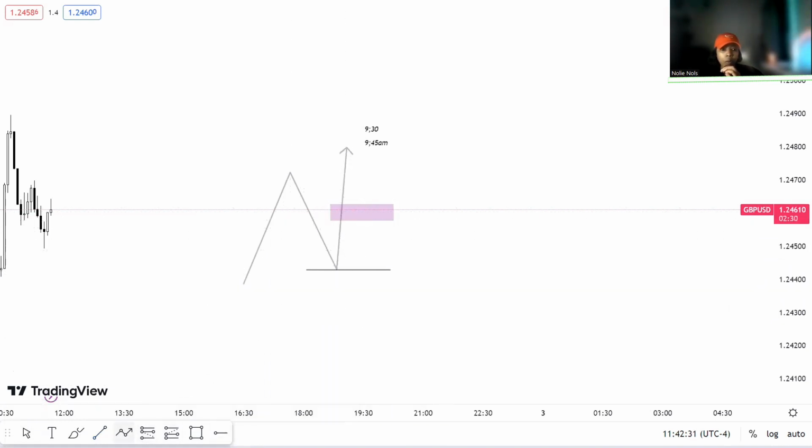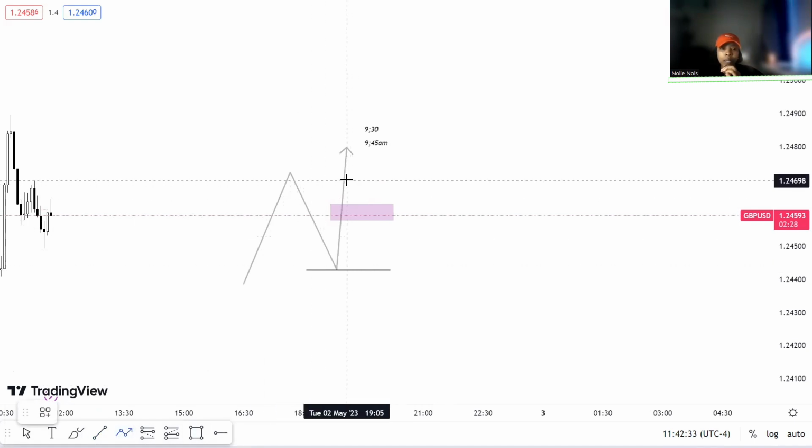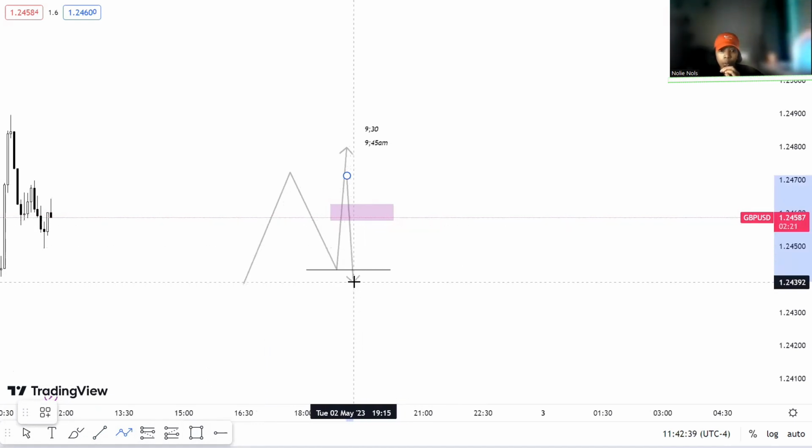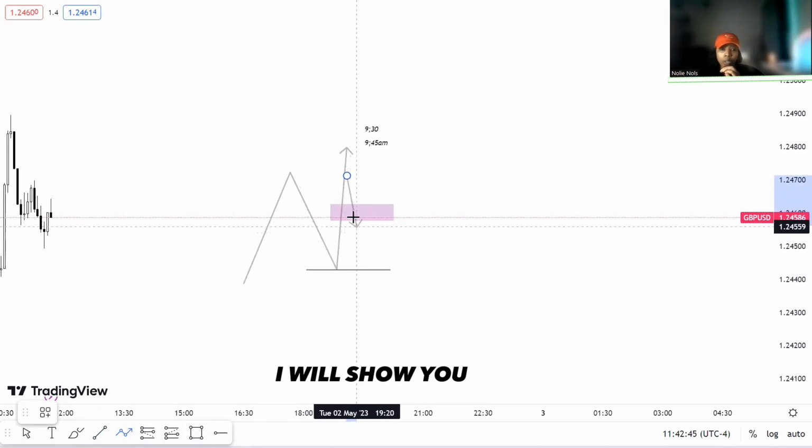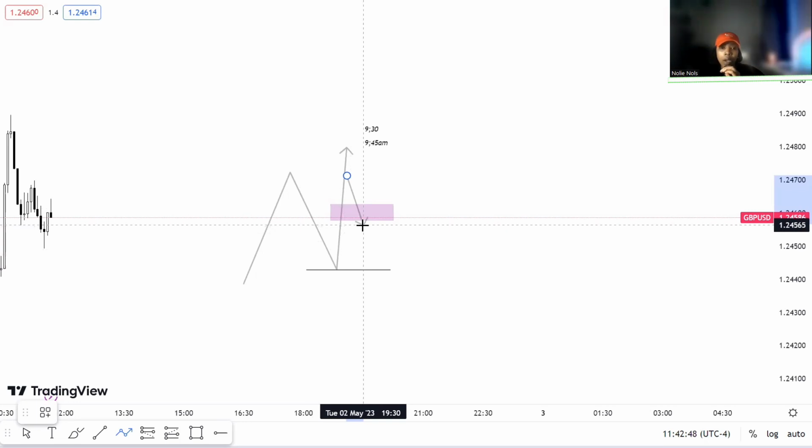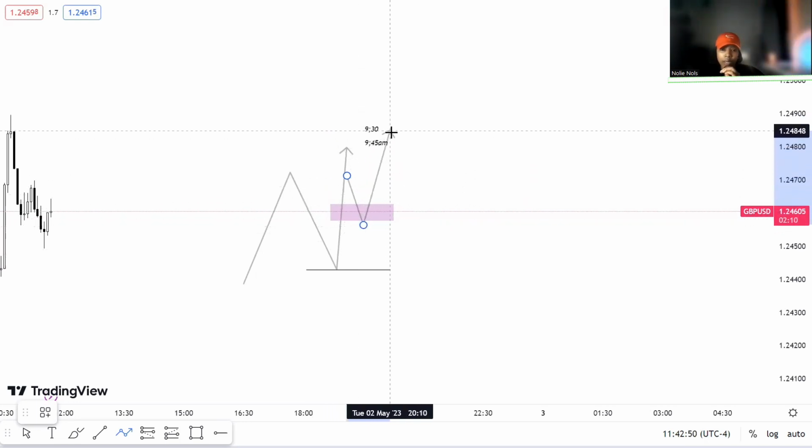And then we are anticipating price to come to that level. If price gets too excited, it can push all the way down, taking you out. That's why I draw the liquidity zone right there. So I will show you where to put your stop loss. We'll sit over here, wait over there, push price up, right?